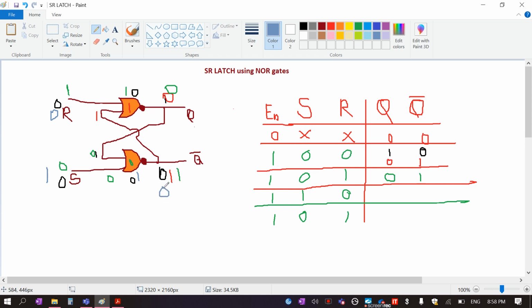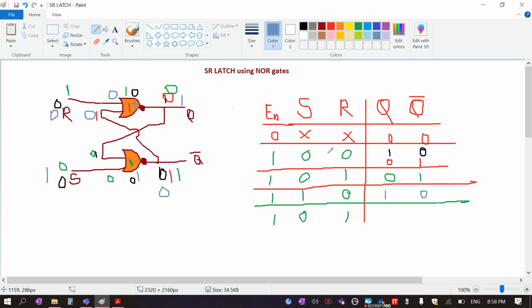Okay, so this 0 will be transferred over here to the first NOR gate. So here the input is also 0. So 0 plus 0 is 0. So 0 NOT gives 1. So now the data will be 1 and then 0, right?